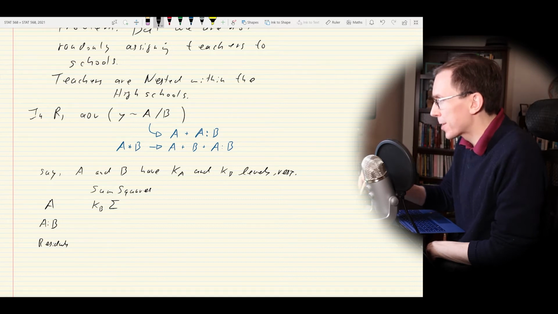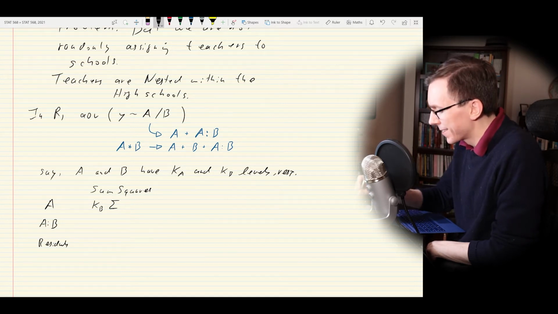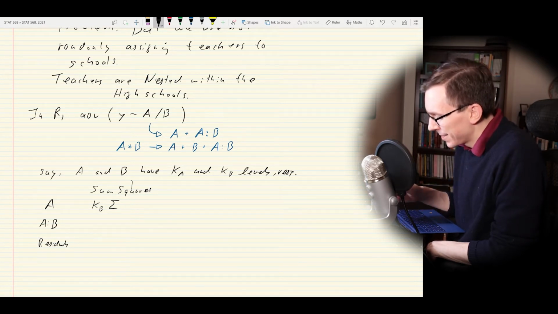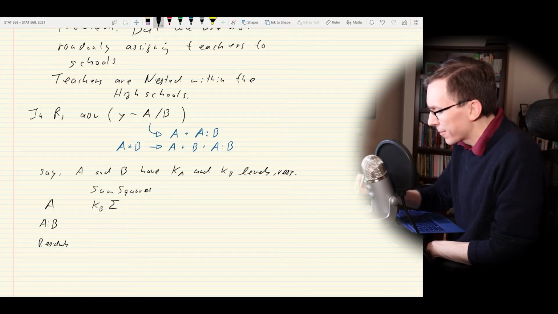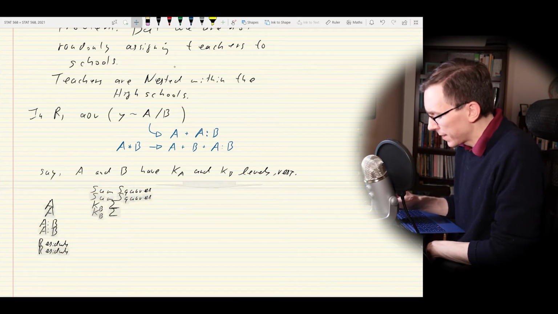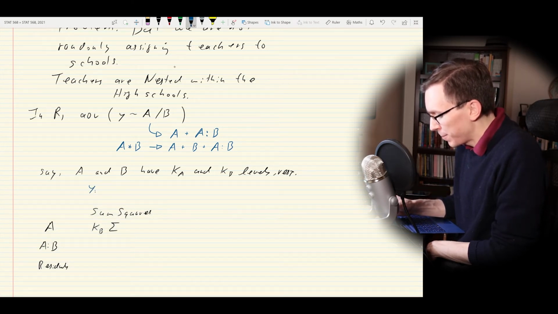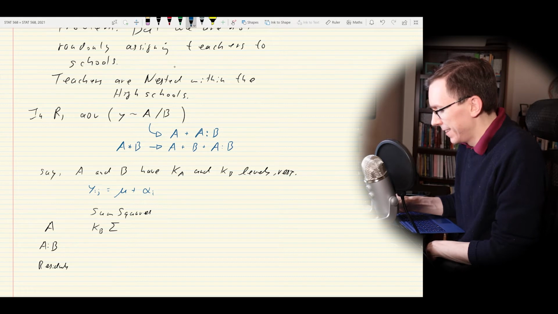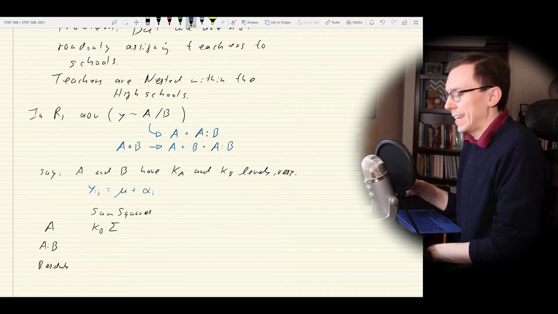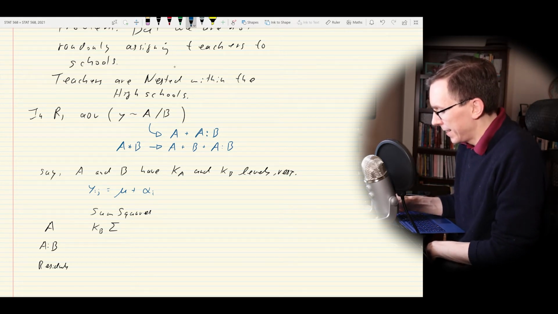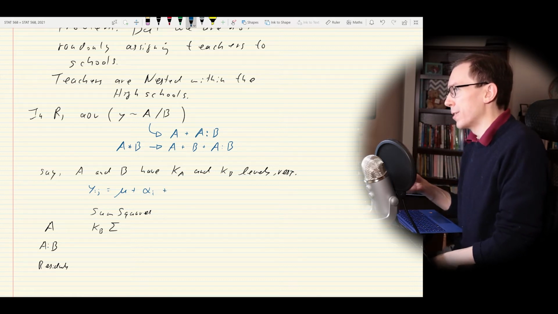But actually, I never wrote down the actual model. I should probably have written that down. Sorry. Let's write that down first, just because I think it'll be a little clearer. So we'll make a little bit of room here, and then we'll write down the model, which in this case will be Yij is going to be the global mean mu plus alpha i, the ith effect, the ith level of A. And then we're going to have an interaction term in some sense.